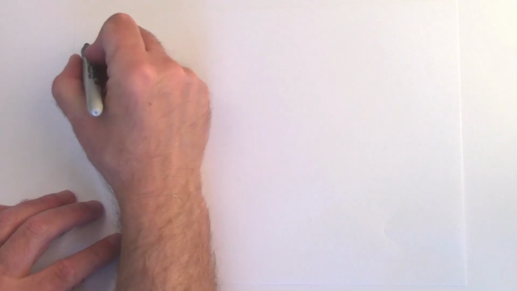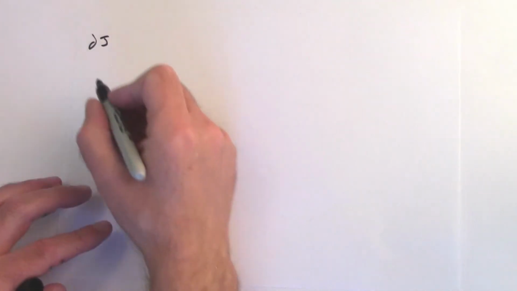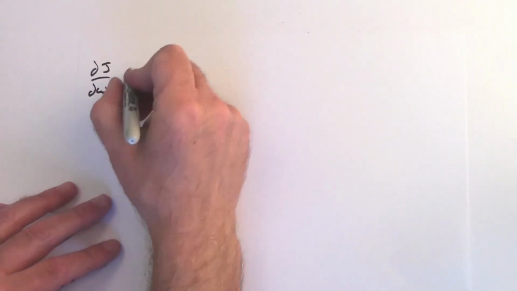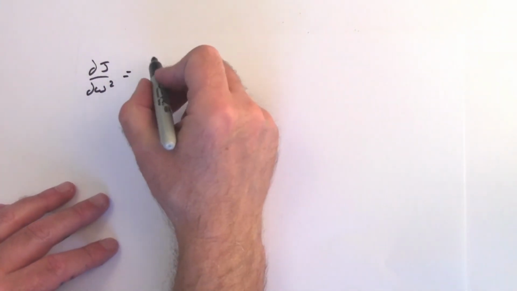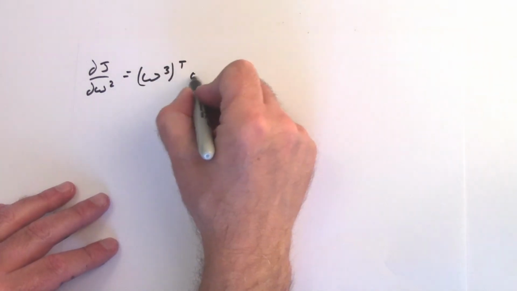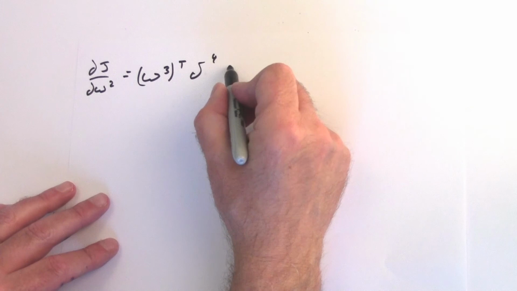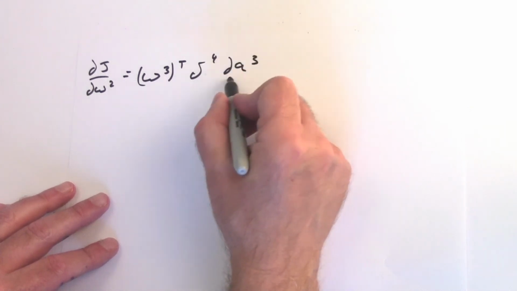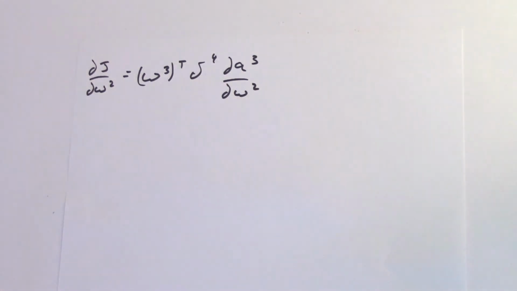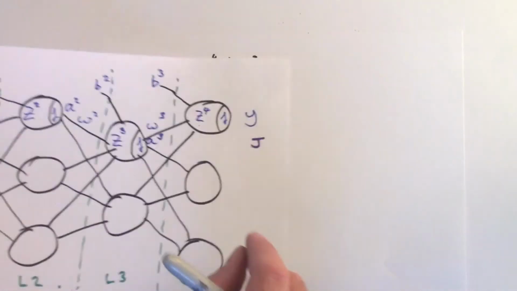Right, so let's just summarize where we got to. We got that dJ by dW2 is equal to W3 transposed del 4 dA3 by dW2. So peeling back that onion again, what have we got here? dA3 by dW2.